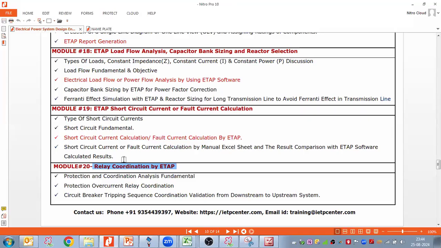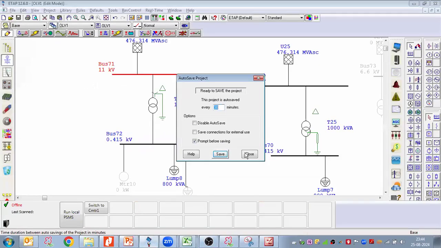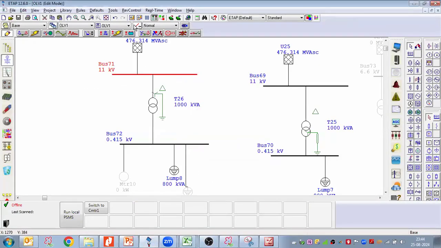One question, sir. In SKM, will we get better results regarding short circuit calculations, or the same results as ETAP?